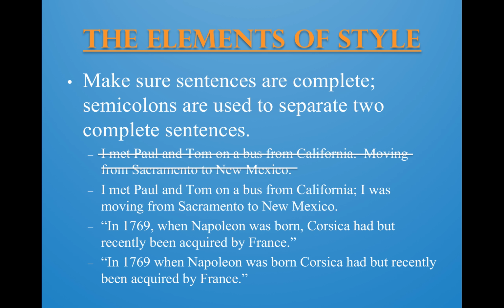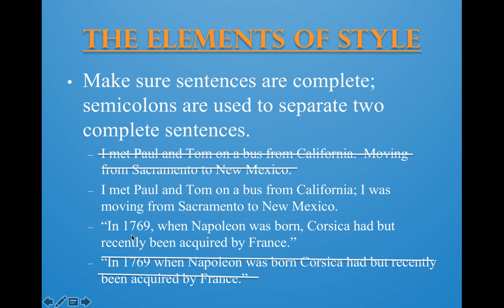In 1769, when Napoleon was born, Corsica had but recently been acquired by France. So here's another case, same exact sentences. The only difference is here that we have the offsetting commas. And we want the commas because we have a parenthetical expression here.